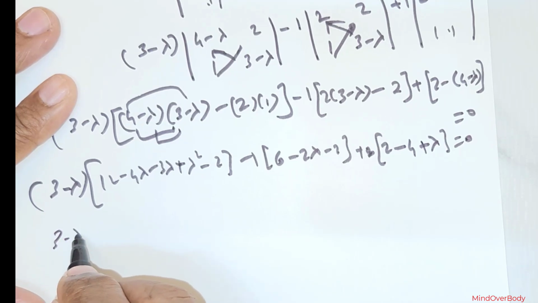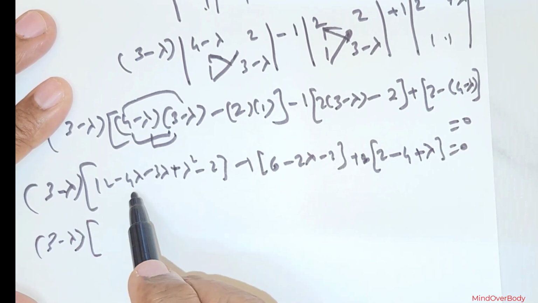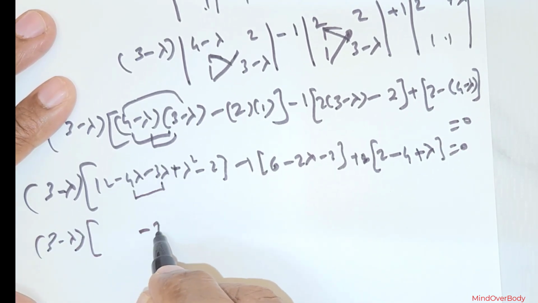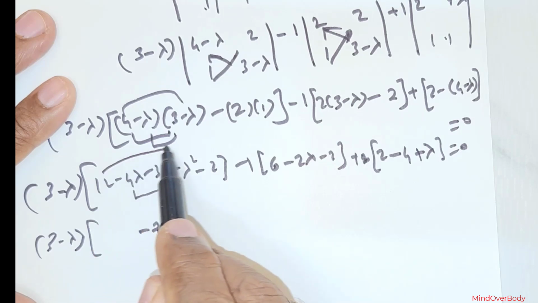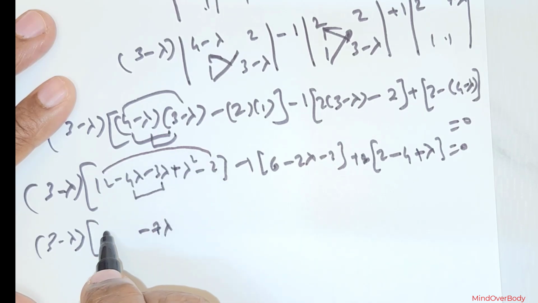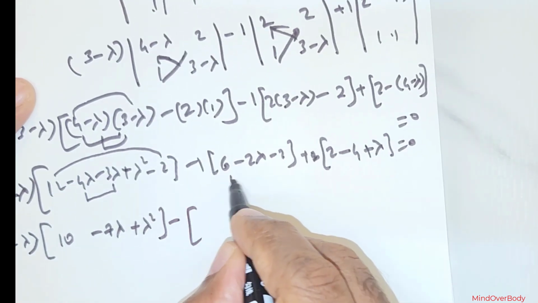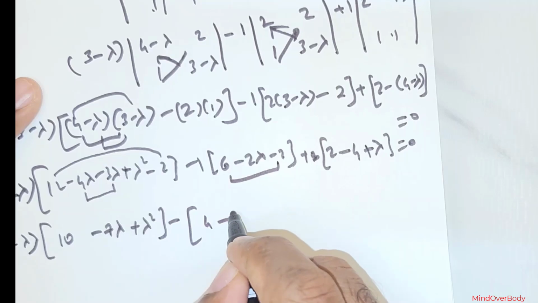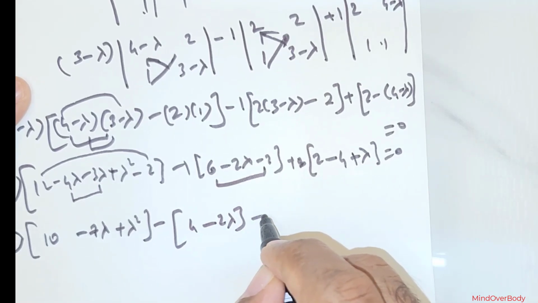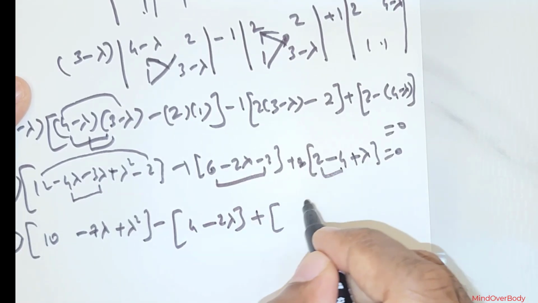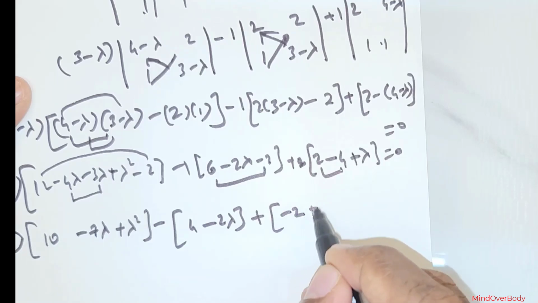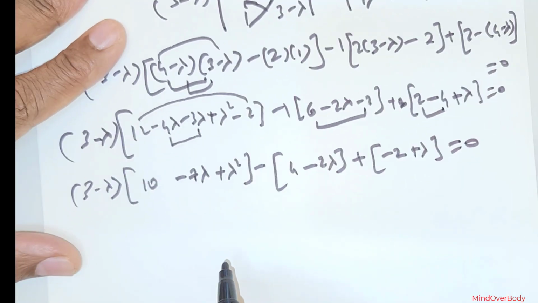Now this is going to be 3 minus lambda, 4 with 3, that's negative 7 lambda, a positive 12 and negative 2, that's 10. You have a lambda squared there. And negative 6 with negative 2 is negative 4, minus 2 lambda. Then positive of 2 minus 4 is negative 2, plus lambda is equal to 0.